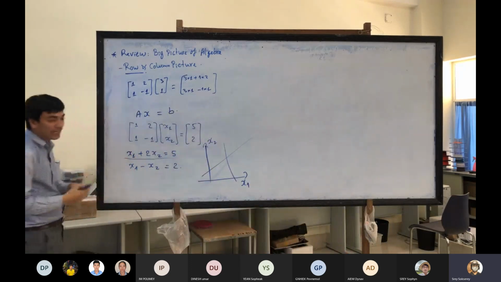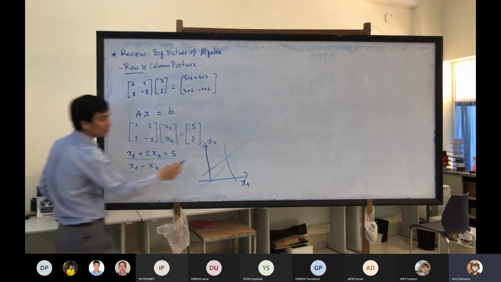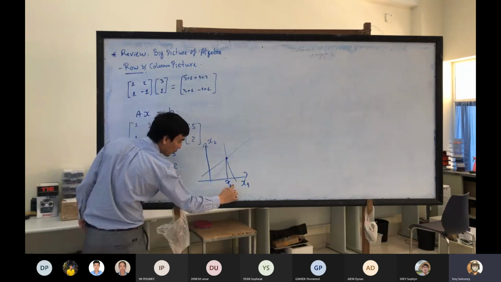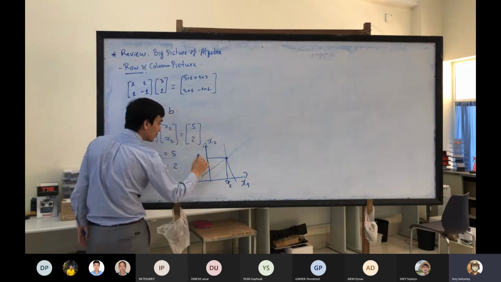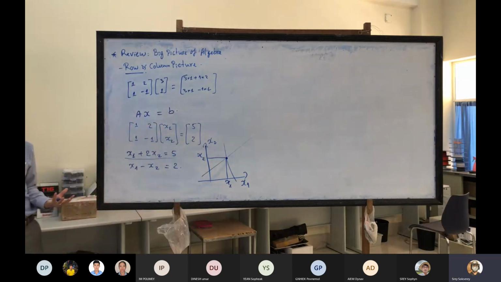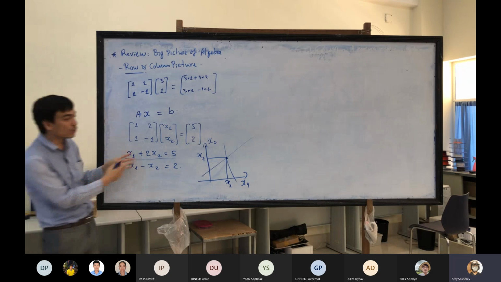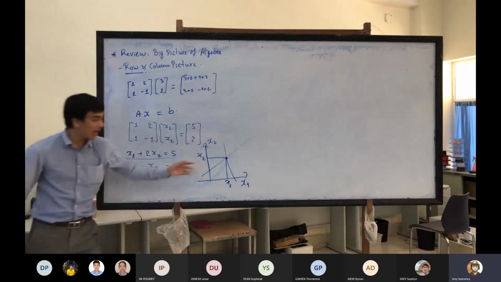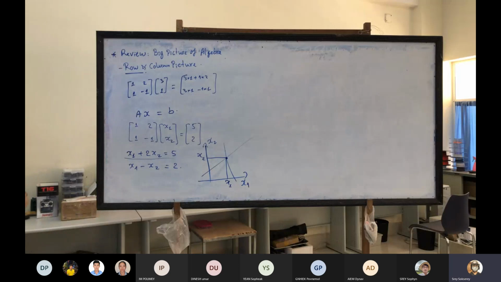The row picture means you are trying to find the intersection of these 2 lines. So you get h1 and h2 as the root. So this is called the row picture: the intersection between two geometric representations, which are two lines.